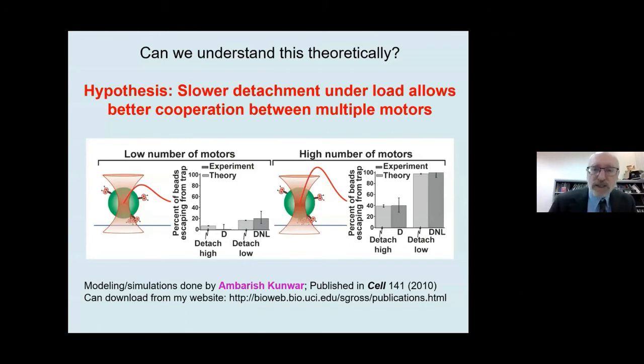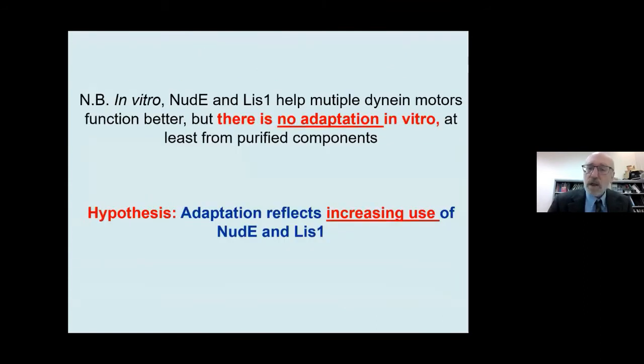This slower detachment under load allows better cooperation between motors and thus improved force production. But you have to keep in mind that in vitro with dynein with NudE and Lis1, you don't see any adaptation. You do get improved force production, and at the multiple motor level, you have better escape, but you don't see this adaptation.